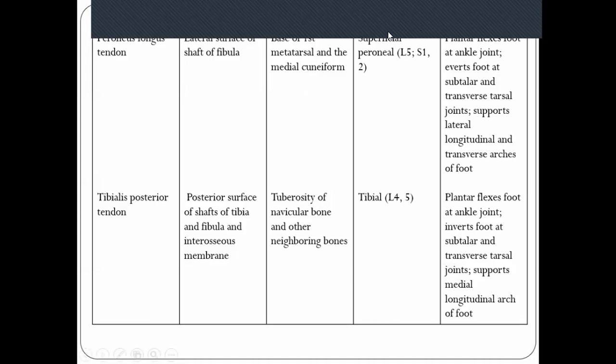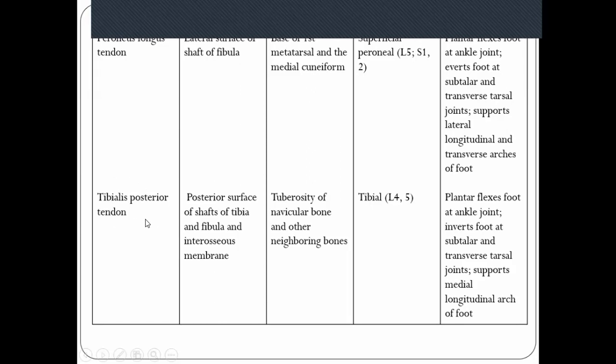It's supplied by the superficial peroneal nerve and helps in plantar flexion of the foot at the ankle joint. And it everts the foot at the subtalar and transverse tarsal joints. And also supports the lateral longitudinal and transverse arches of the foot.